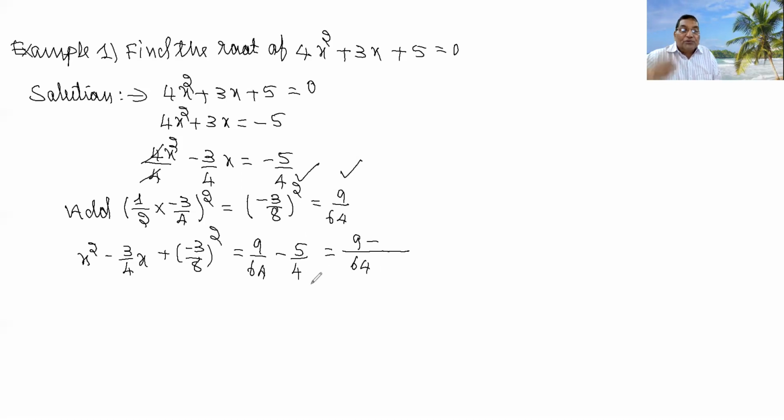Minus 64 upon 4, 16. 16 into 5, 80. So this is 9 minus 80.